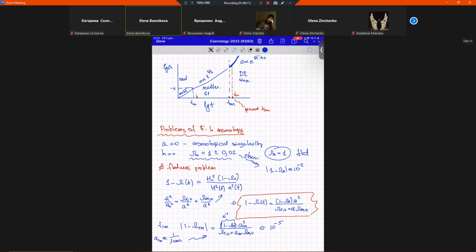It means that if we want to have a flat universe for the present time, then at the time t_rm, remember this, about 100,000 years, omega 0 should be unity with the accuracy 10 to the minus 5. A little bit of change, and the universe will not be flat. The space will not be flat.